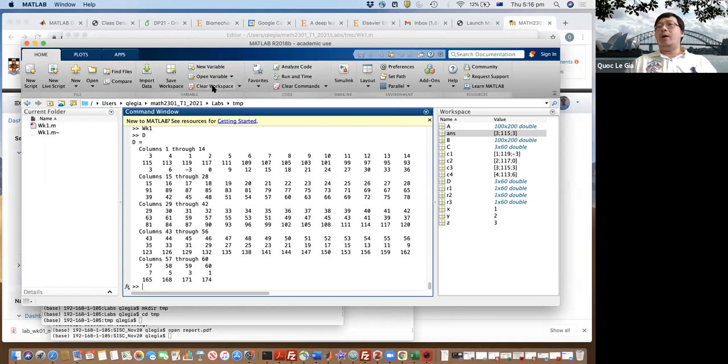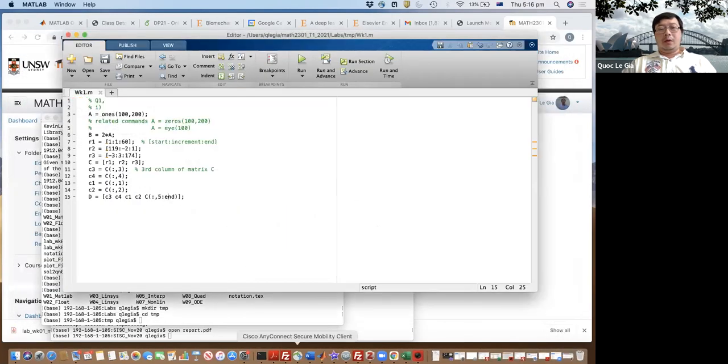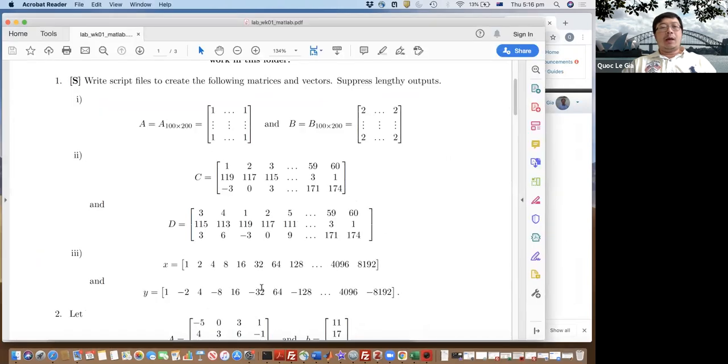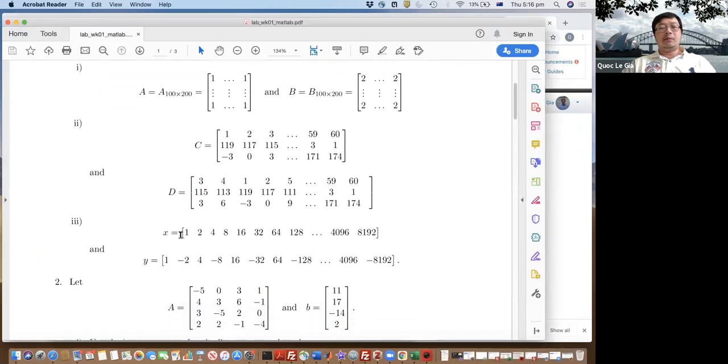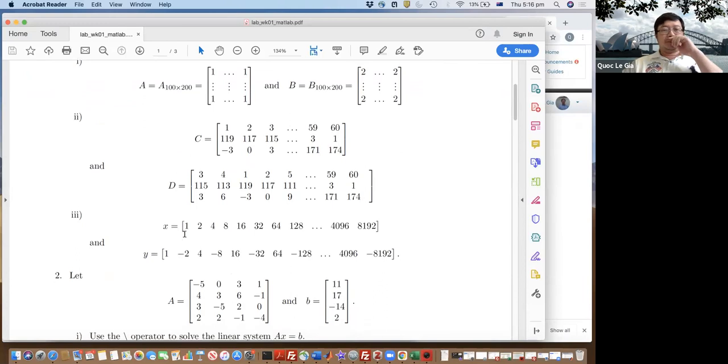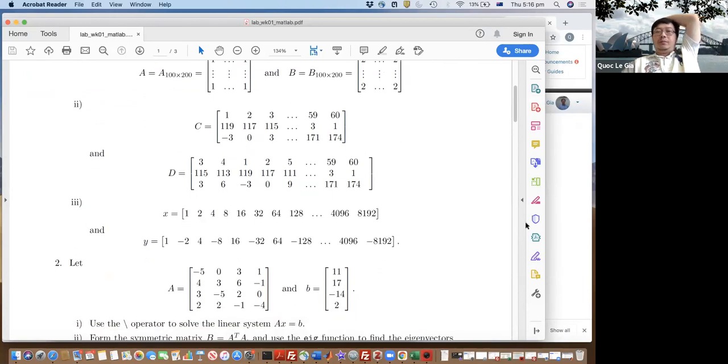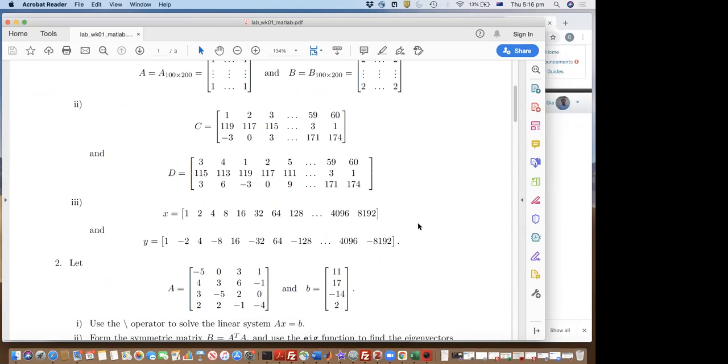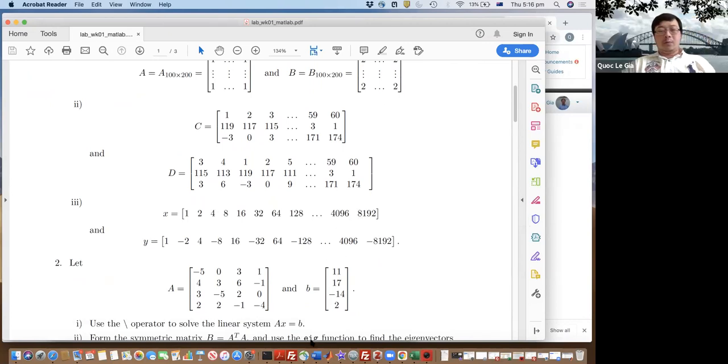And now, how do you define the vector x? It is the powers of 2 from 0 to, I think, 13. I think 2 to the 13 is 8,192.